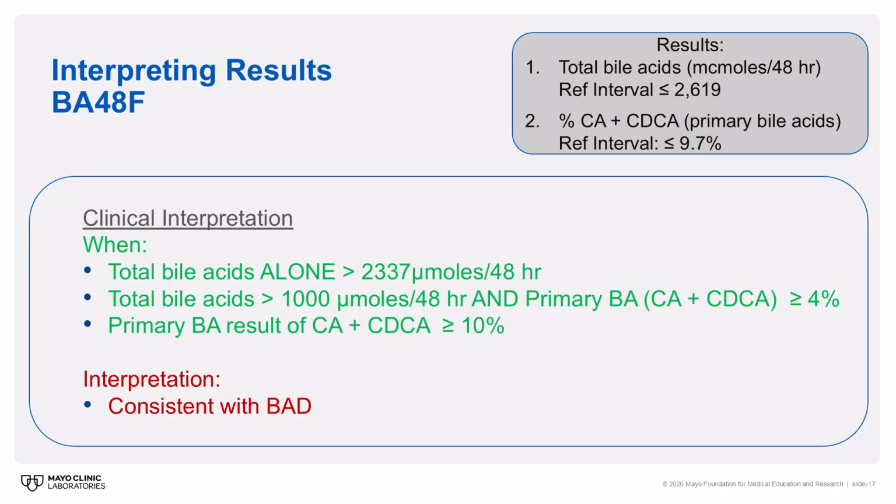If the primary bile acid percentage of cholic acid plus chenodeoxycholic acid is 10% or greater, this is also consistent with bile acid diarrhea. Or if the combination of total bile acids greater than 1,000 micromoles per 48 hours and primary bile acids 4% or greater, this is also consistent with bile acid diarrhea.